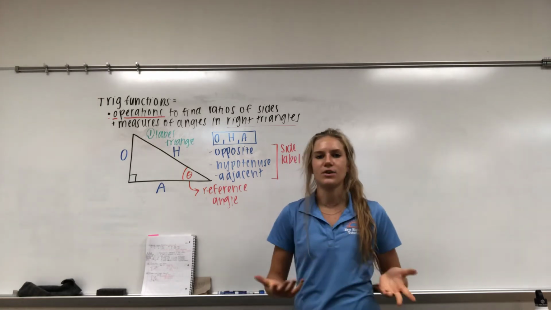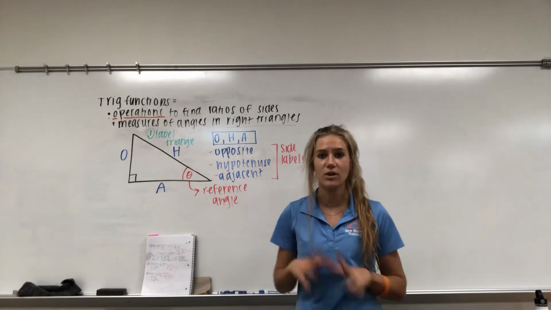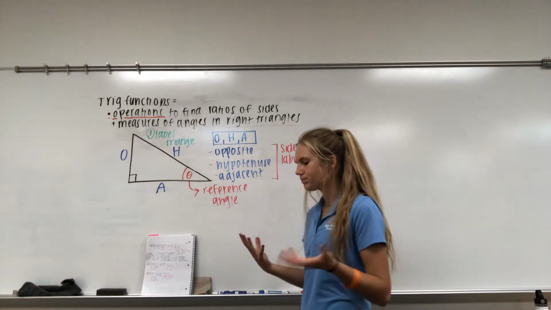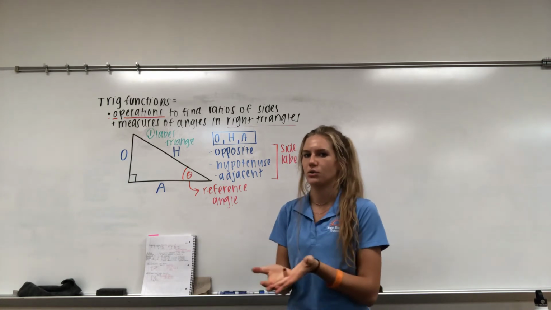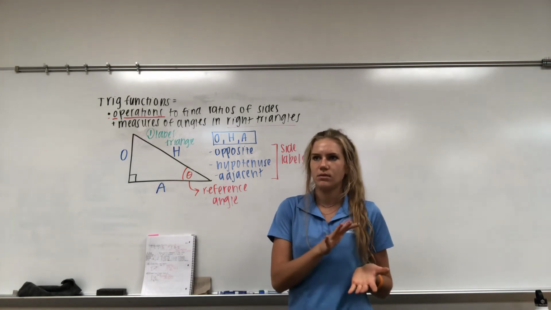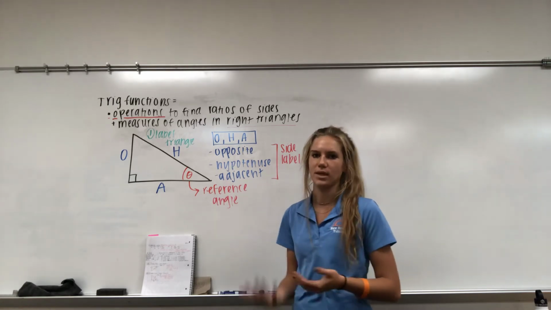If you haven't figured it out by now, I'm a very big proponent of labeling things and drawing things out and diagramming them, and basically translating the information that they give us in word form onto a mathematical diagram or into a mathematical equation, just because that's how we actually work with it, that's how we visualize it.